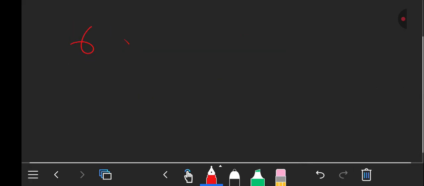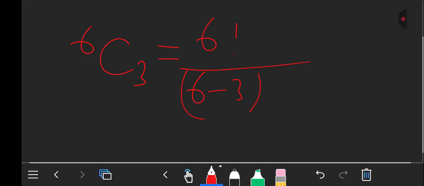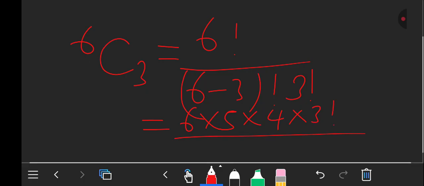Let's look at 6 combination 3. So 6 combination 3 simply means 6 factorial over 6 minus 3 factorial, then 3 factorial. I can expand this 6 factorial and end on 3 factorial by saying 6 multiplied by 5 multiplied by 4 multiplied by 3 factorial, over 6 minus 3 factorial, that is just a 3 factorial multiplied by a 3 factorial.